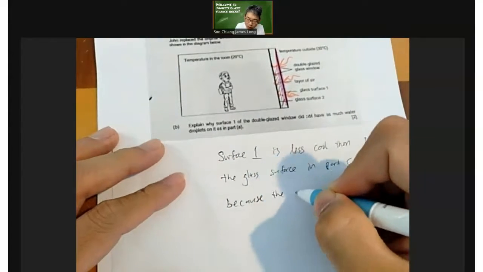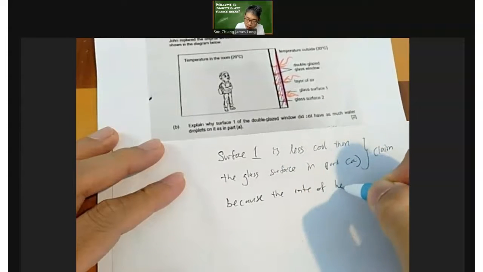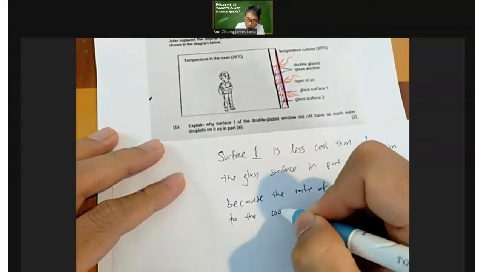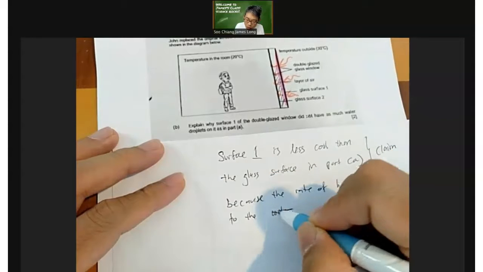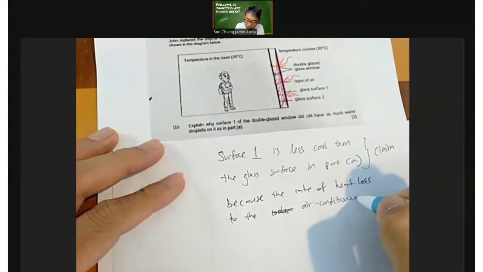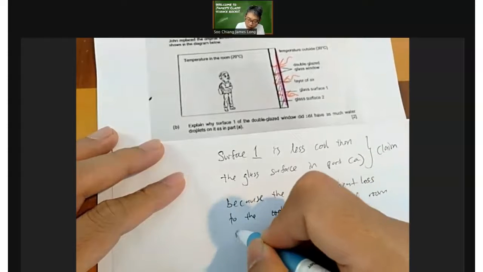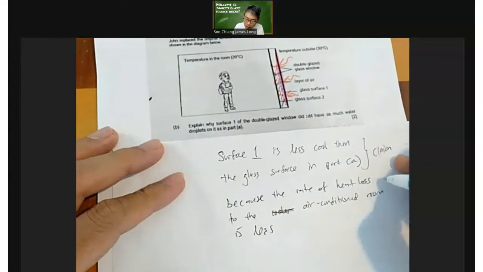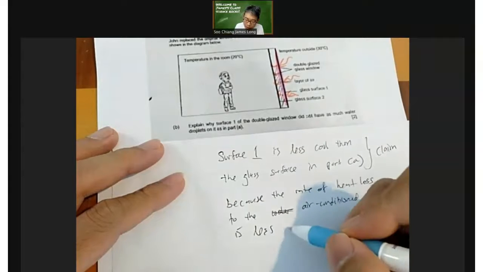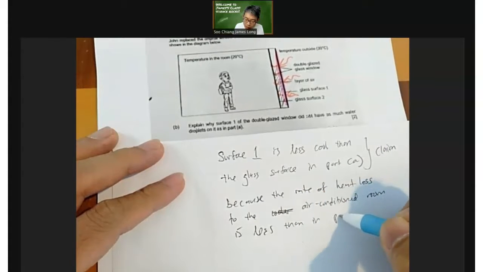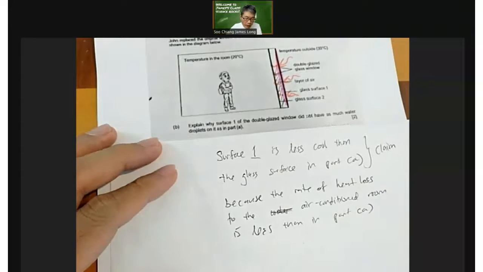Because the rate of heat loss to the air conditioned room is less than in part A. Let me be even clearer.